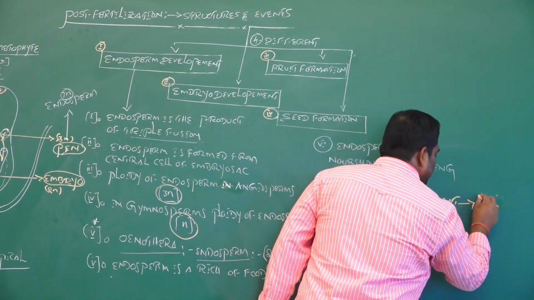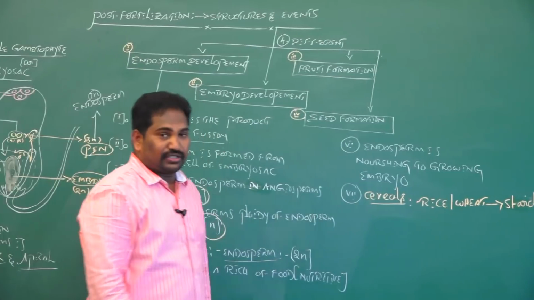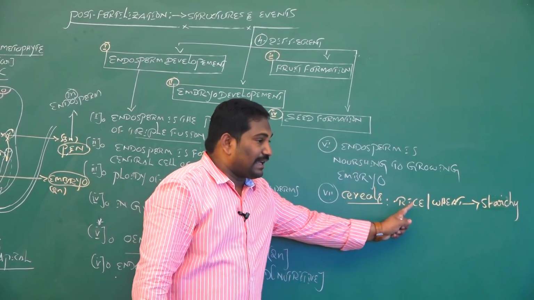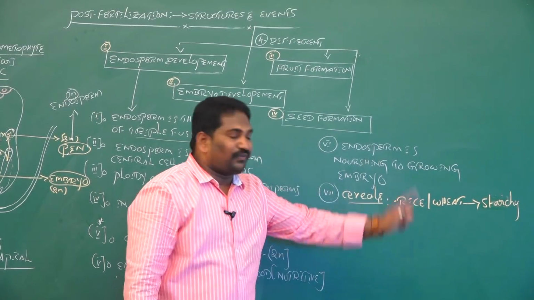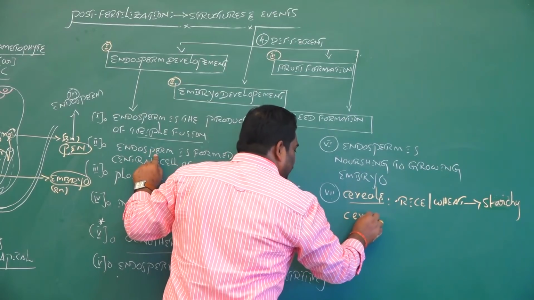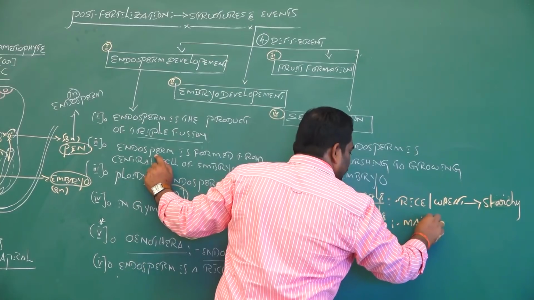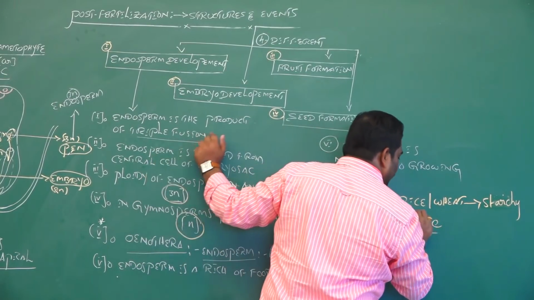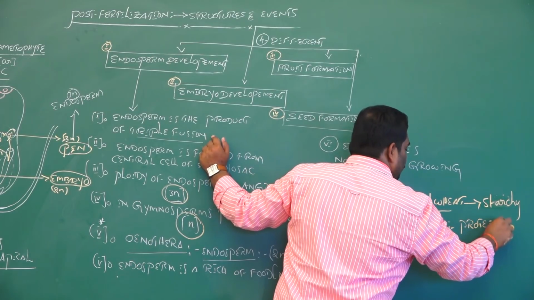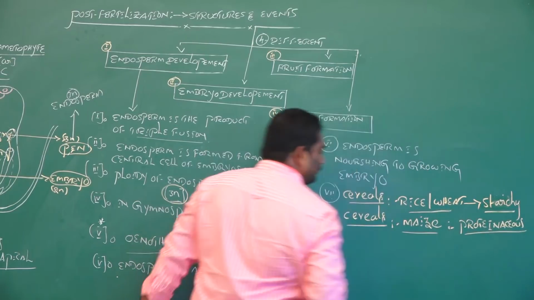That means starchy in nature. That means the endosperm in cereal plants like rice and wheat stores food in the form of starch. But one more cereal plant is there, that is maize. The nature of endosperm in maize is not starchy, it is proteinaceous. That means it stores food in the form of proteins.